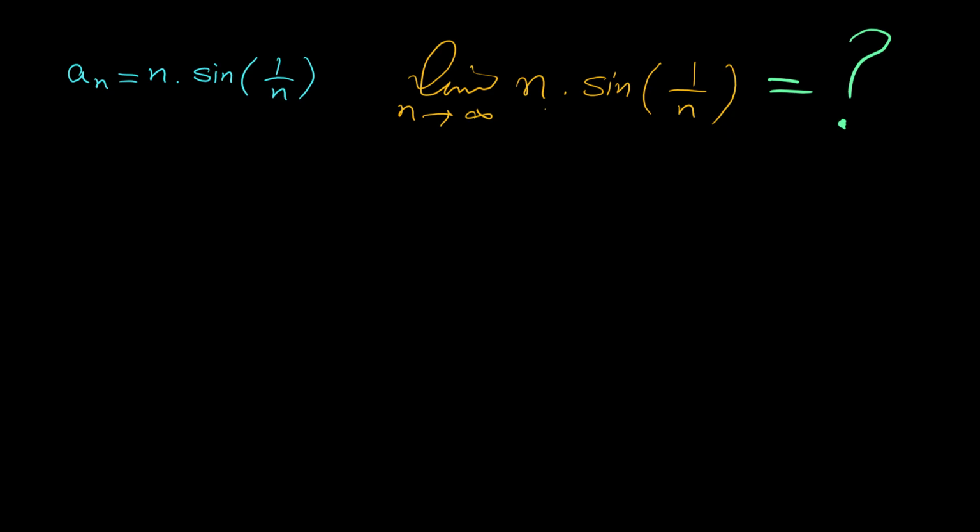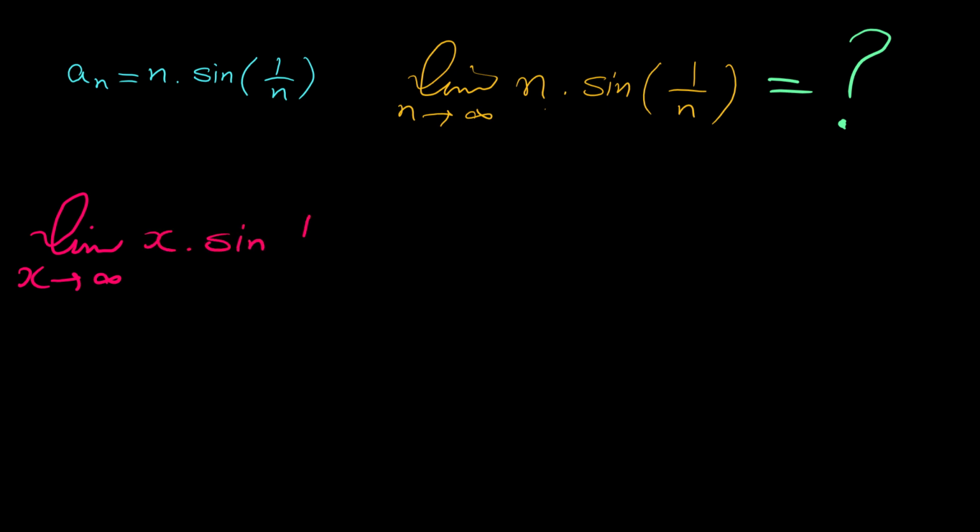Because we want to find the limit of this sequence with the aim of L'Hopital rule, if it is of course possible. Let's see. The problem that we have here is that if we want to use L'Hopital rule, we need a fraction, but we don't have any fraction here.